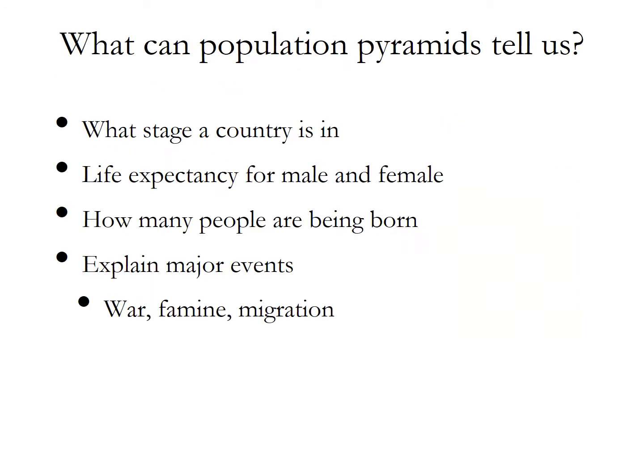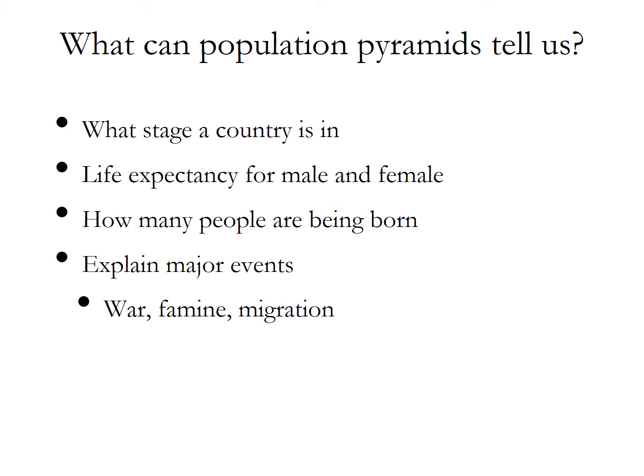So what can these population pyramids tell us? Now, as I had already mentioned, we know all this other stuff about population and how populations change, but we want to get exactly at that second or in this specific time and place in history. What does the population look like? And what can these pyramids tell us? They can tell us what stage the country is in the demographic transition model.